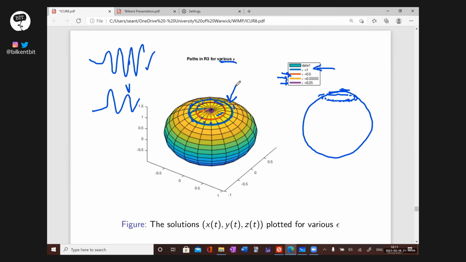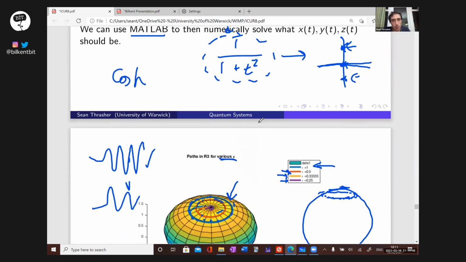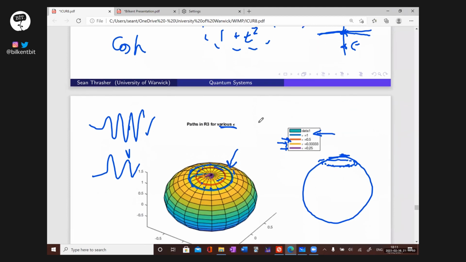So how can we interpret this? It has a greater chance in the middle of the sphere, but in the bottom it goes narrow again.